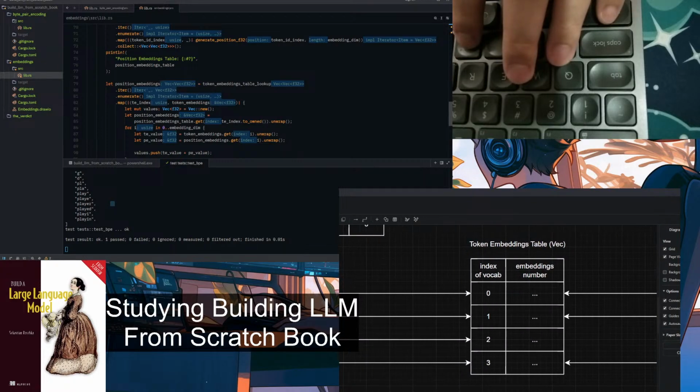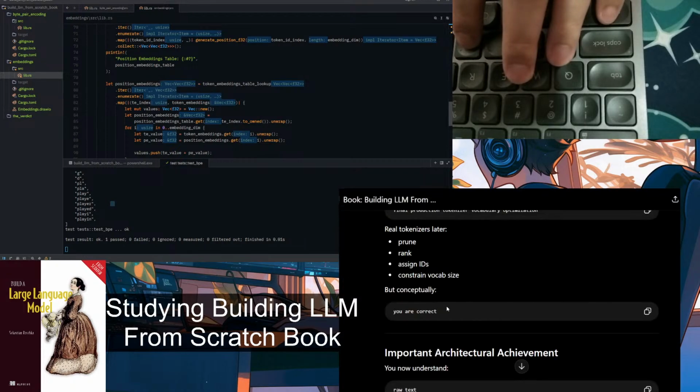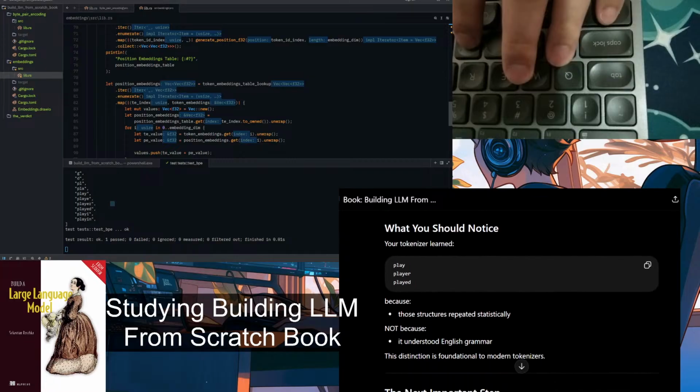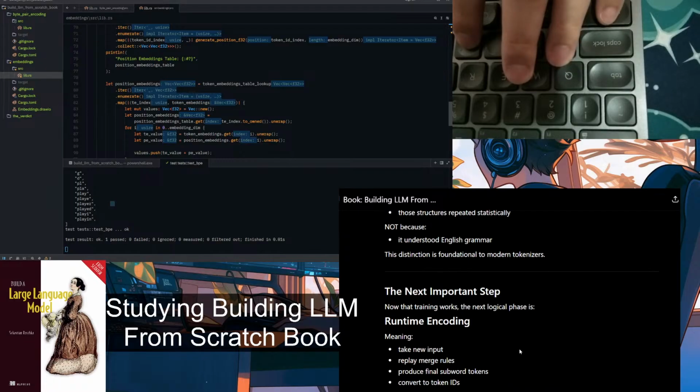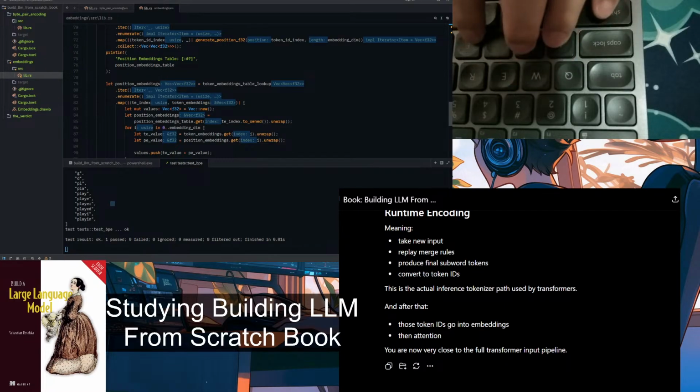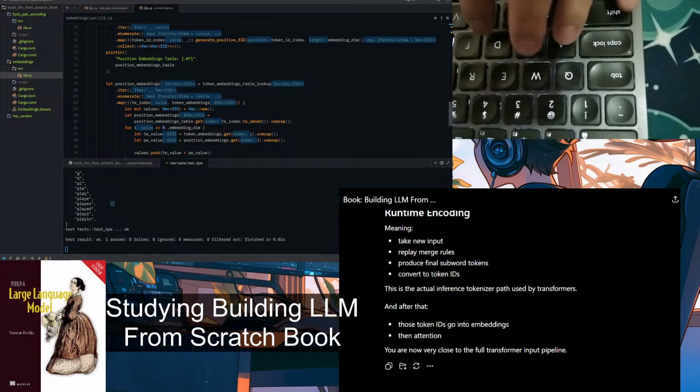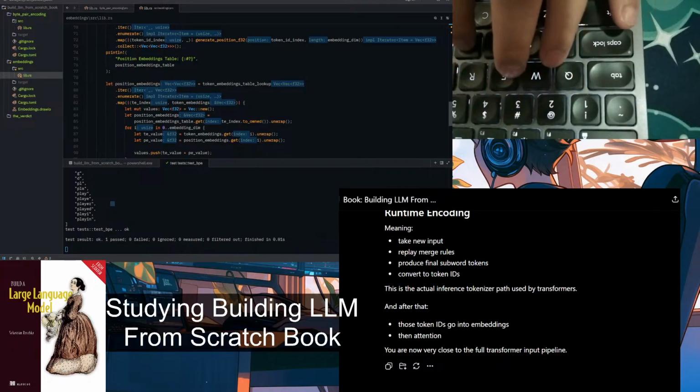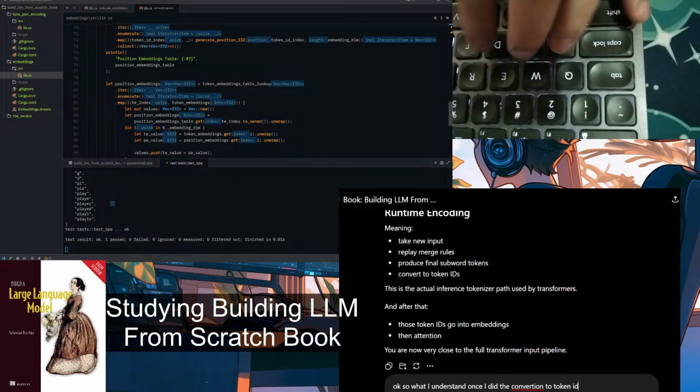Okay. I did the conversion to token IDs.